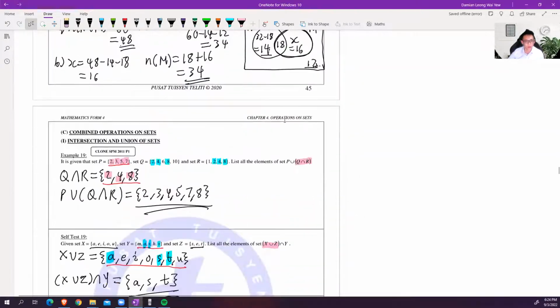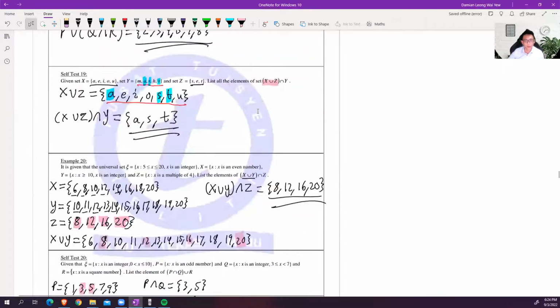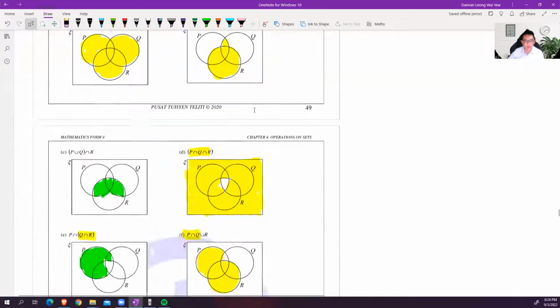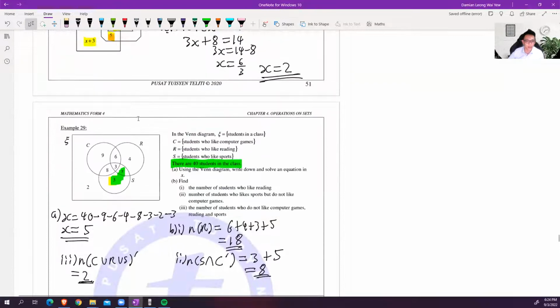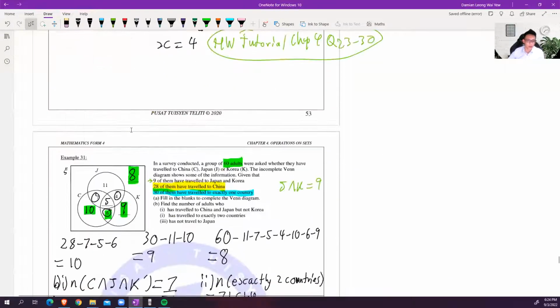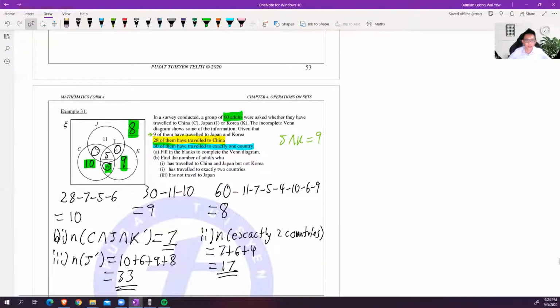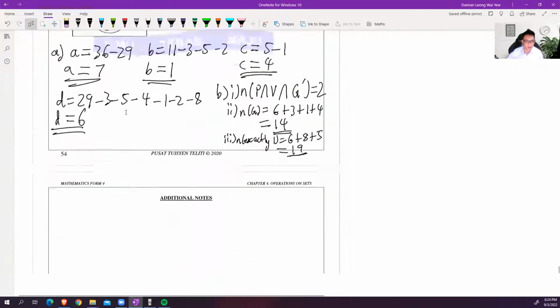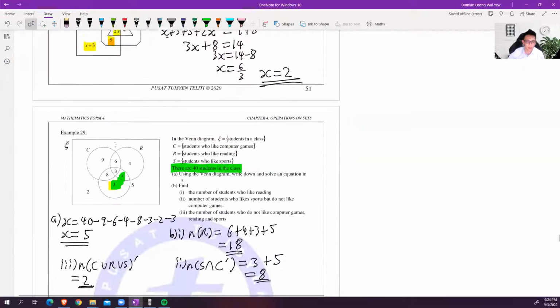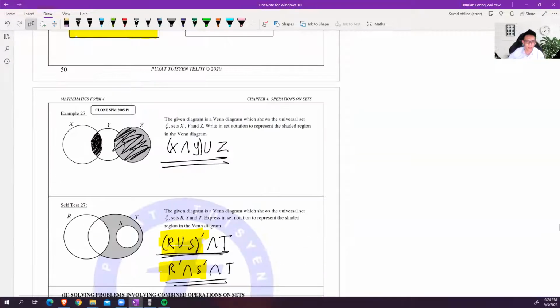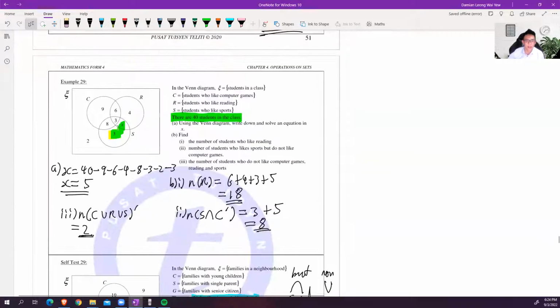Okay. If we want to fill in the number of elements in each part, I always consider the intersection part first. Always consider the intersection part first if it's empty. Always look at the part that intersects, then only we consider the rest.